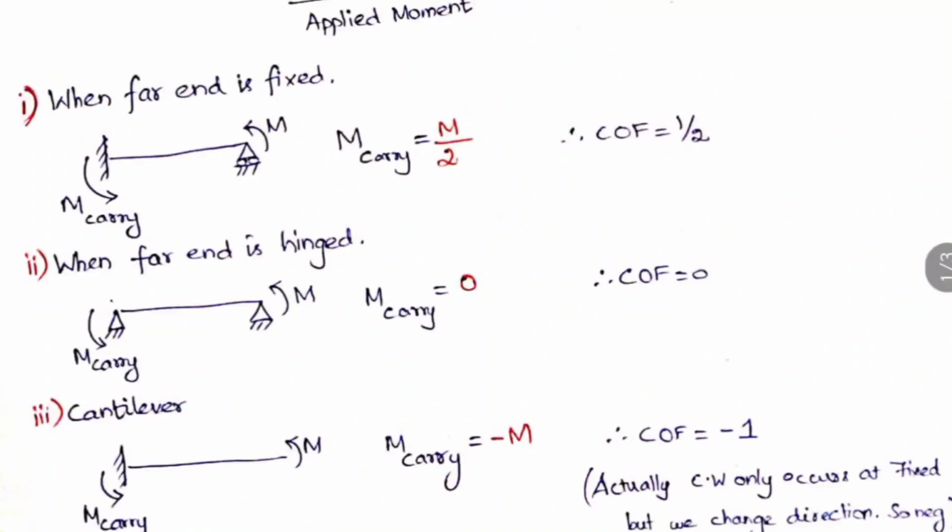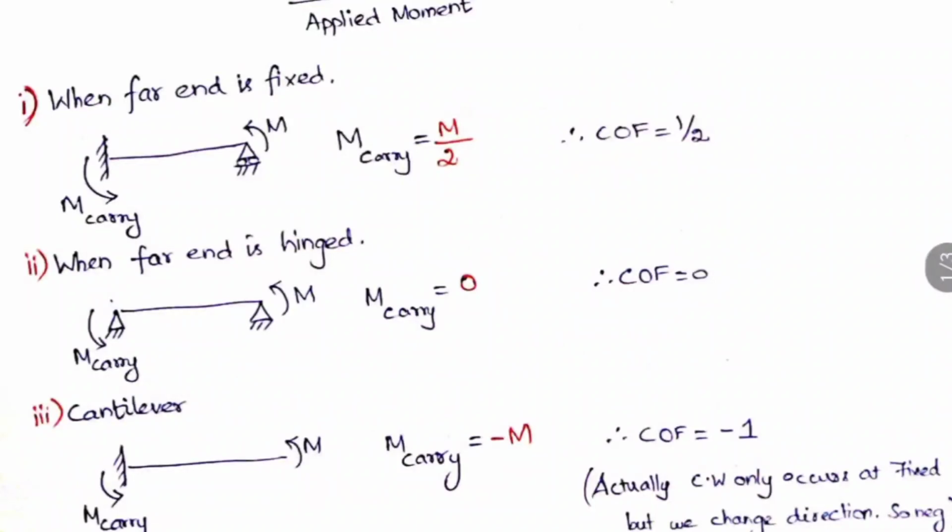At the far end it is a fixed end, so the moment at a fixed end will act in the anti-clockwise direction, and the moment applied is also anti-clockwise. So the carryover moment is M by 2, with no negative sign, so half will be carried over to the fixed support, and the carryover factor will be 1 by 2 only, because we are transferring half.